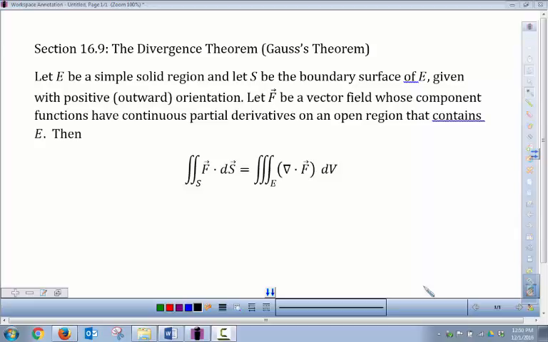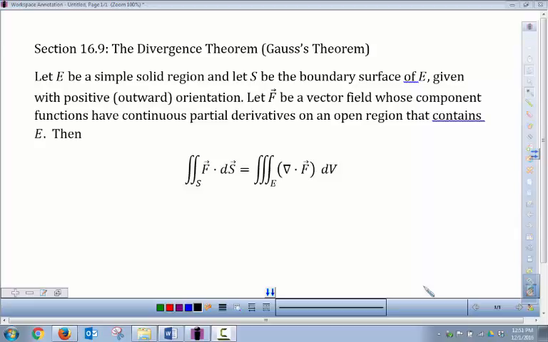But the divergence theorem is something a little bit different. It's actually bigger. It's happening in 3 dimensions. And it's another theorem where we go from some multiple integral down to one less integral.